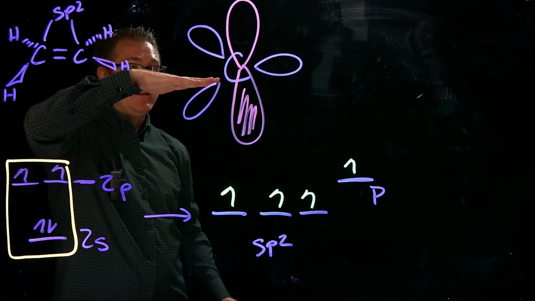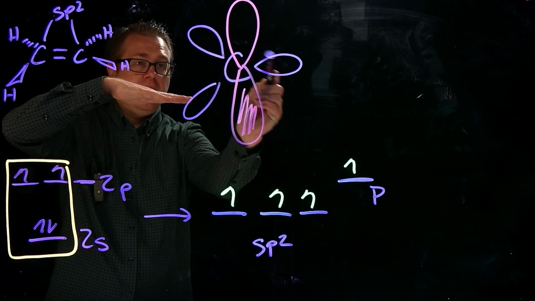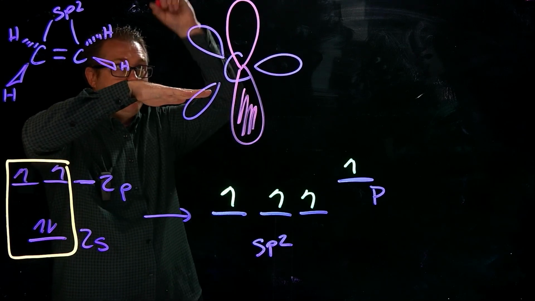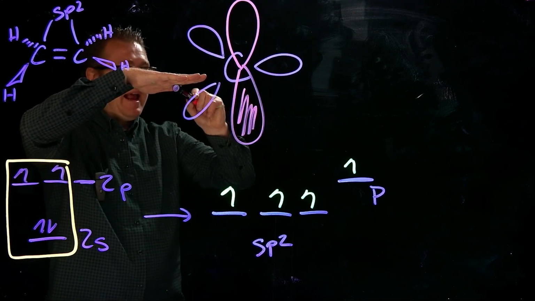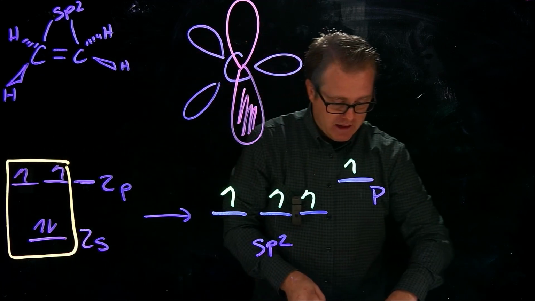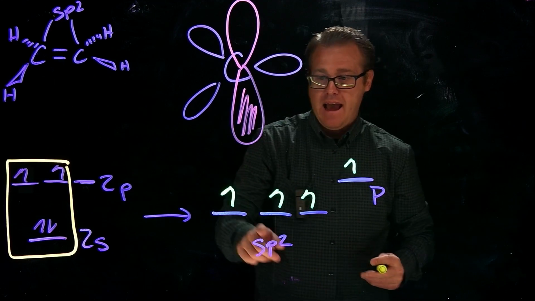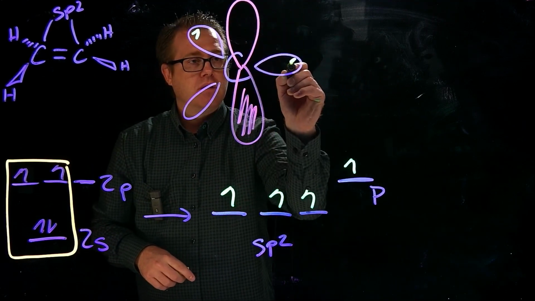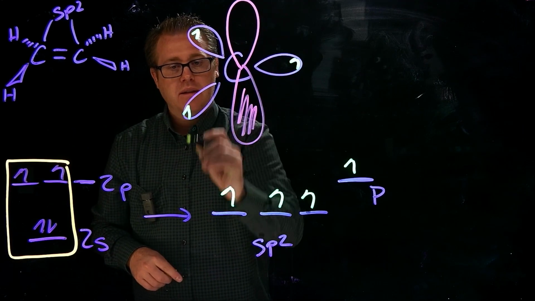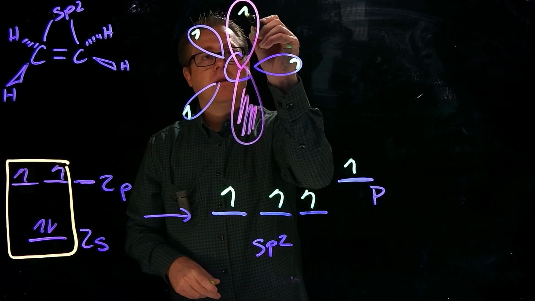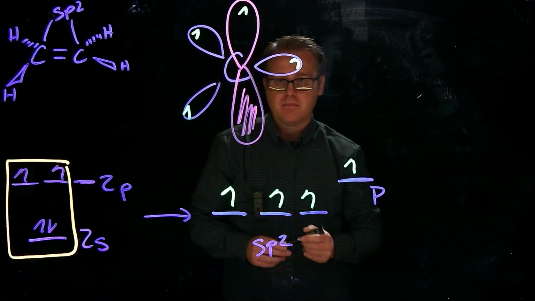So if my hand is representing the 3 blue orbitals all in the same plane, the p orbital is above and below my hand. All right? Now, it's showing us here that we have 3 electrons in the sp2s, like that. And we have 1 electron in the p. All right?